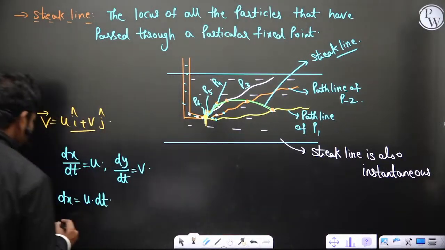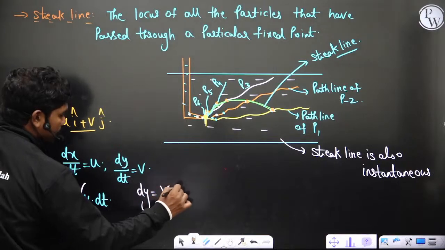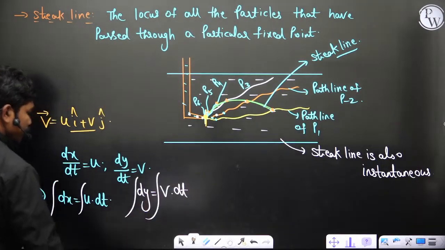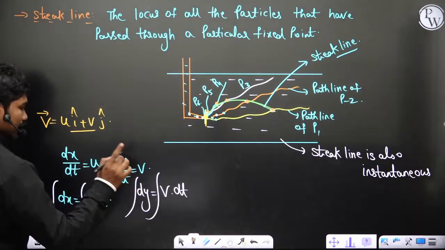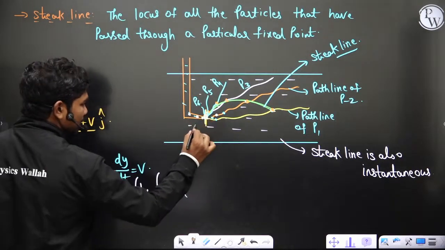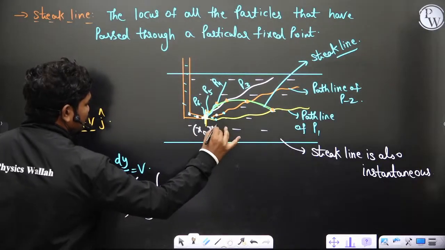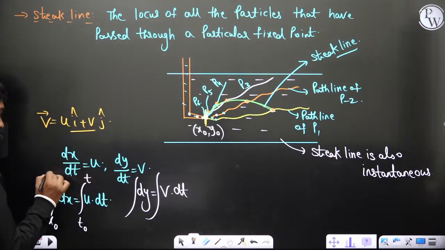So normally what you do is, at some time t equal to t naught, definitely the particle would have passed through some location x0, y0. Let us suppose this point is x0, y0, then at t equal to t naught, the position of this particle is x0, and at t, this is x.